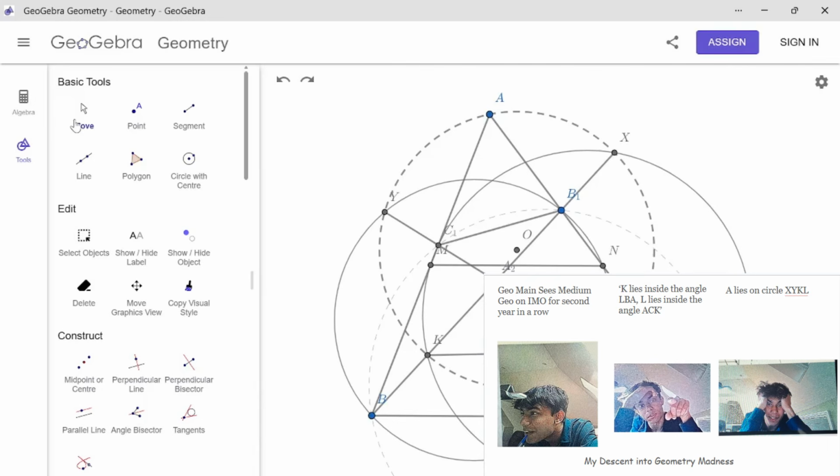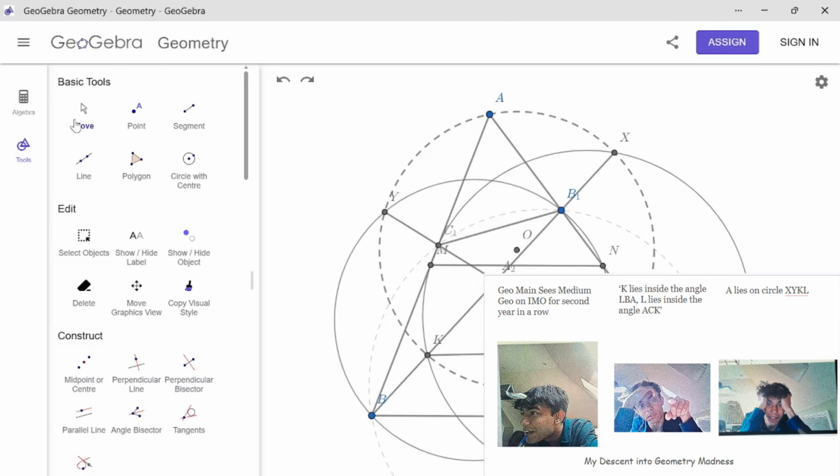I think there's a chance you might not need to solve this for a gold medal, but obviously people at the IMO are quite good. Yeah, it's the same for me.